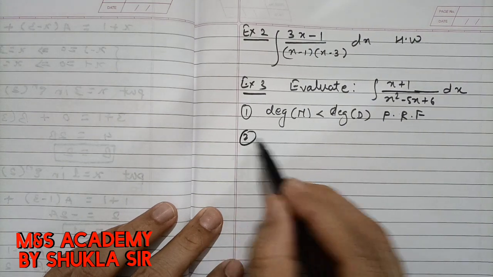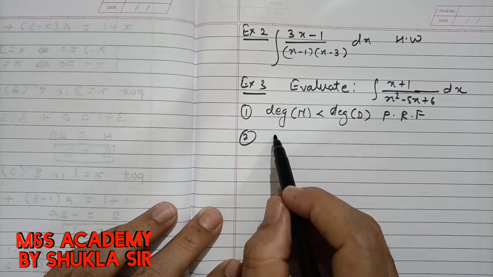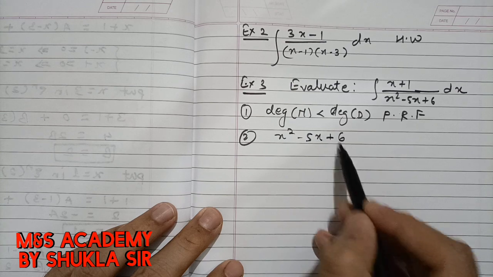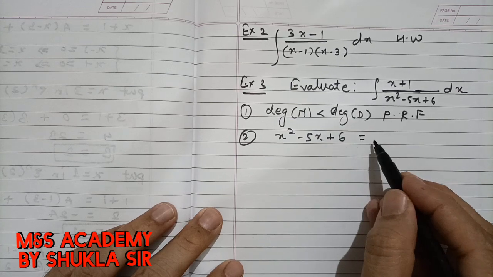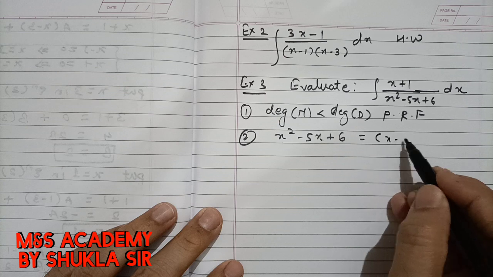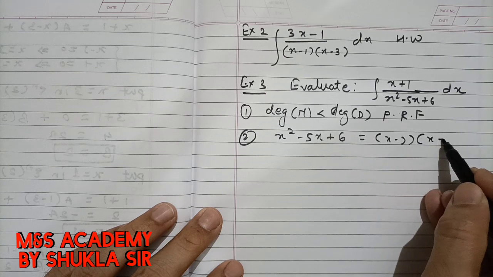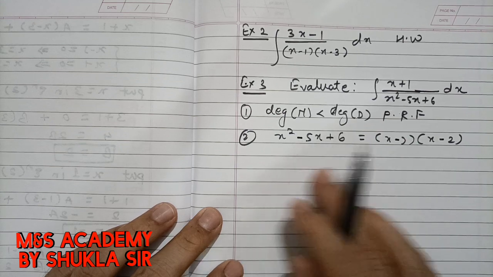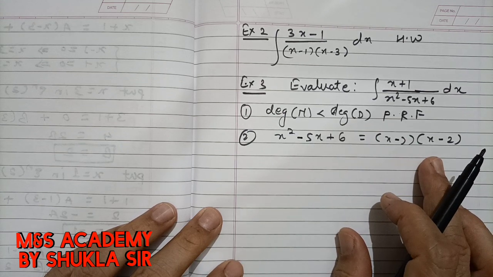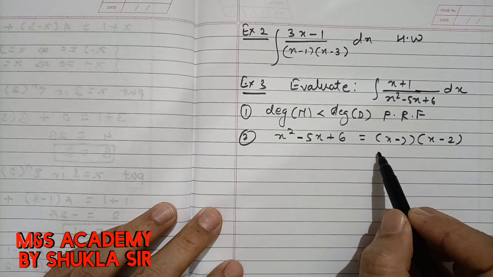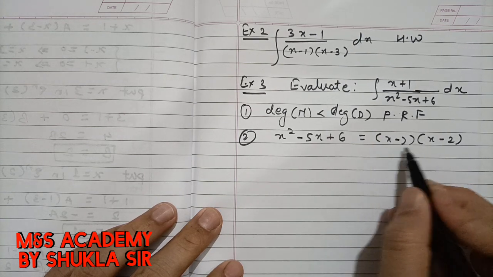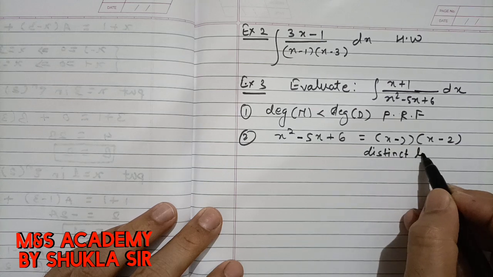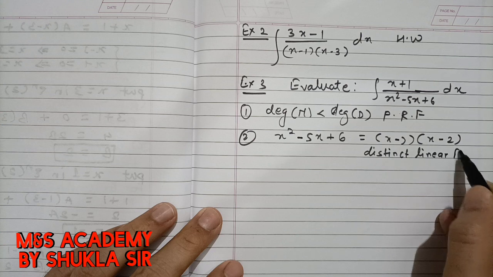Second, we need to factorize because the factors are not given. So x square minus 5x plus 6 is equal to (x minus 3)(x minus 2). This is a standard quadratic, so we can factorize directly. Here you can see these are distinct linear factors.